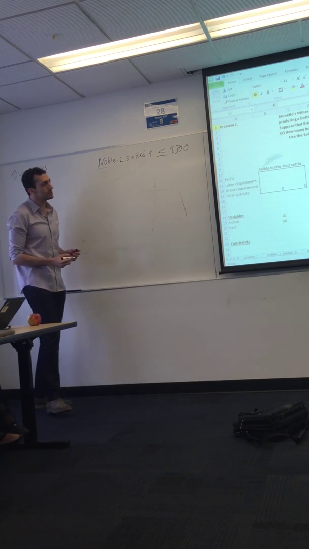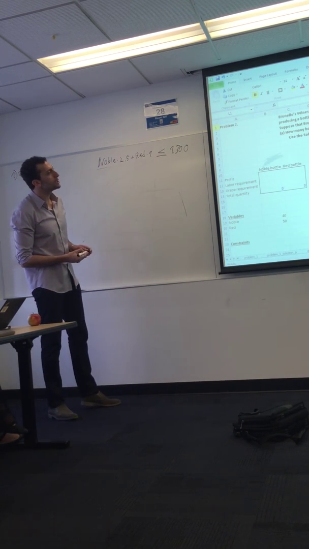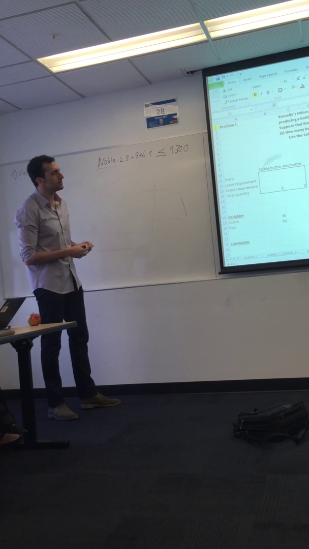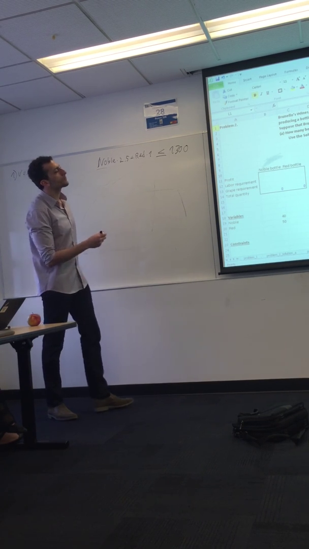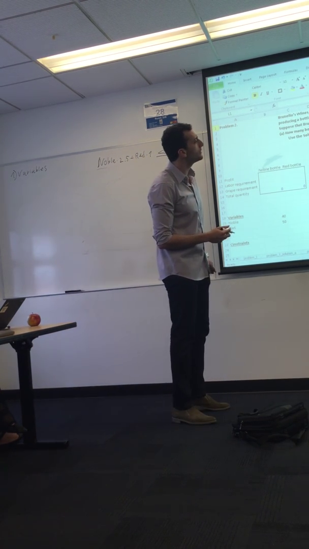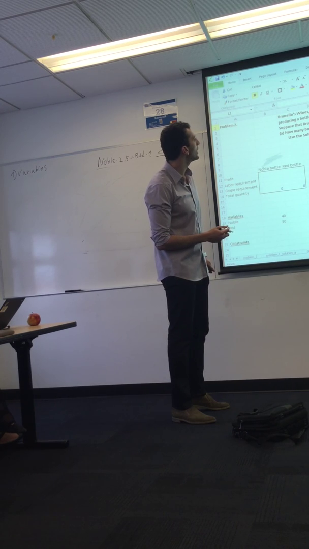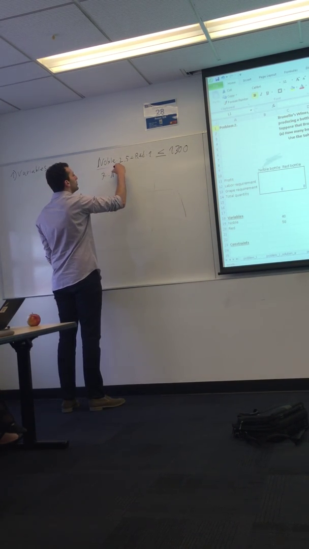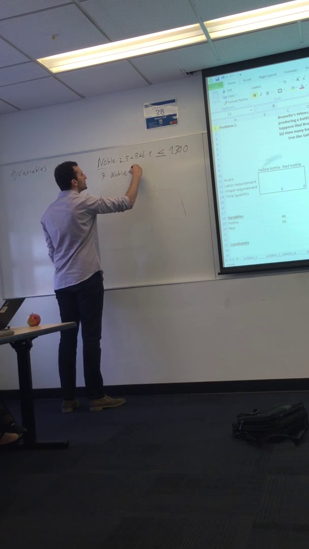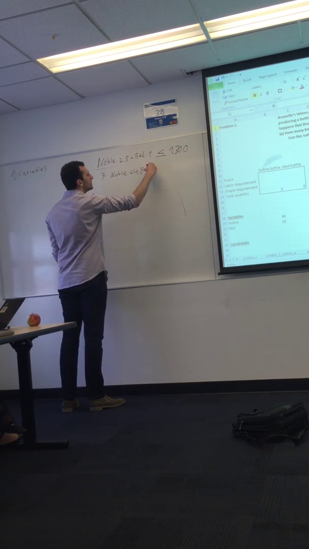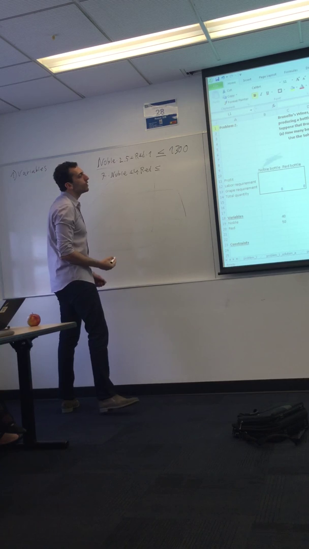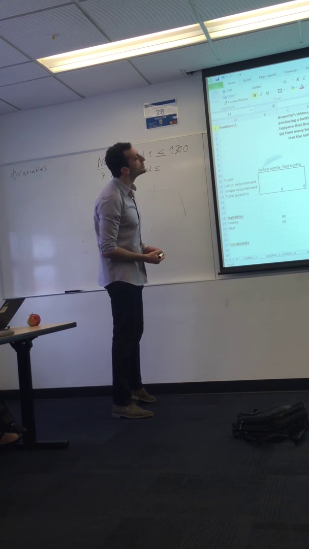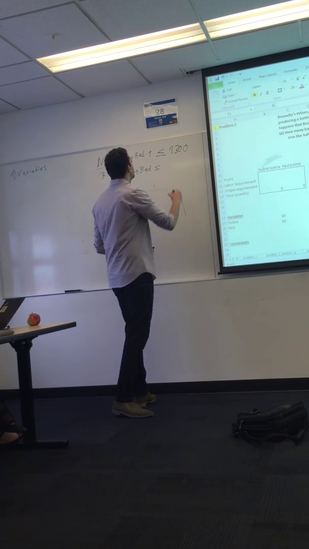The second constraint is that we have a limitation on the amount of grapes. One of them requires 7 and the other requires 4. So 7 multiplied by Nobel plus 4 multiplied by Red is lower or equal to 4,000.